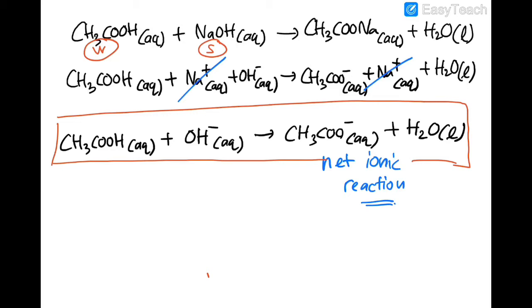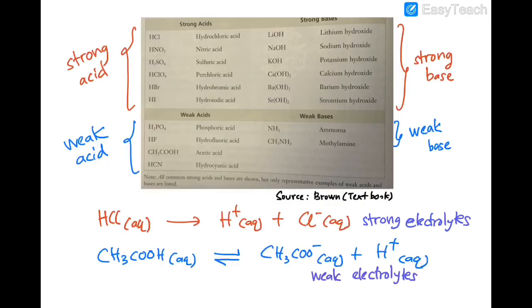Now, please try on your own to find other variations of acid-base reaction using examples that are on these tables. I mentioned before that salts are strong electrolytes, just like strong acids and strong bases.